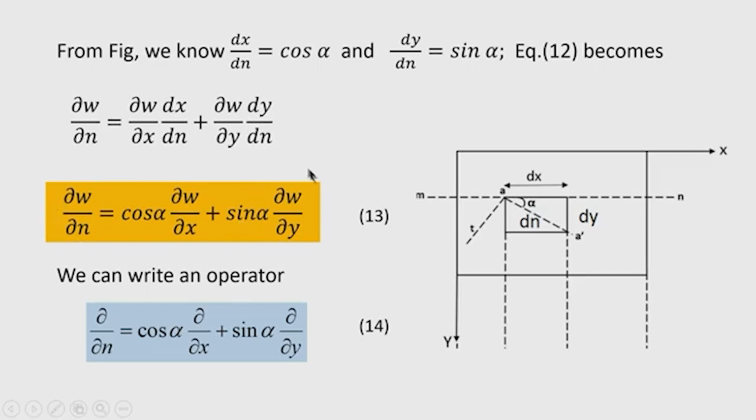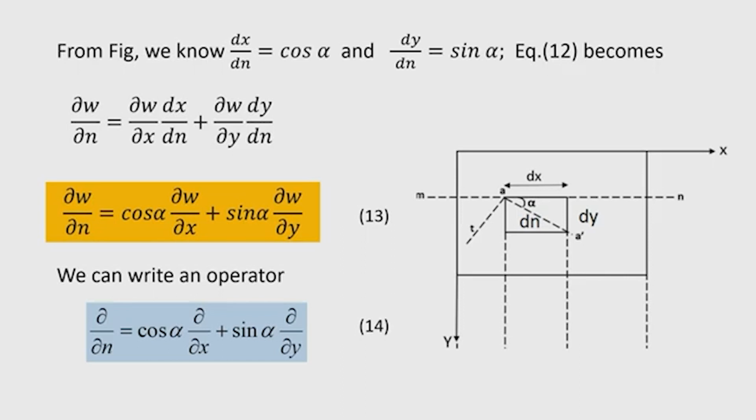So, we clearly distinguish this expression, and we can now assign an operator, that is, an operator which relates to the normal direction. Here the equation number is 13.